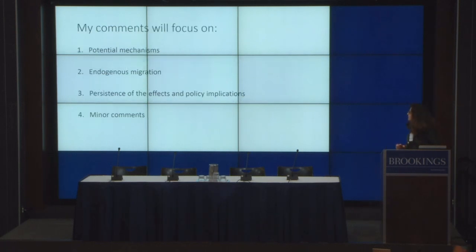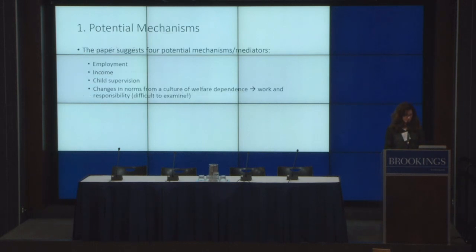So my comments now are going to focus on trying to disentangle or propose what the mechanisms are behind these effects that the authors find, and also to say a little bit about endogenous migration, the persistence of the effects, and some policy implications derived from the results.